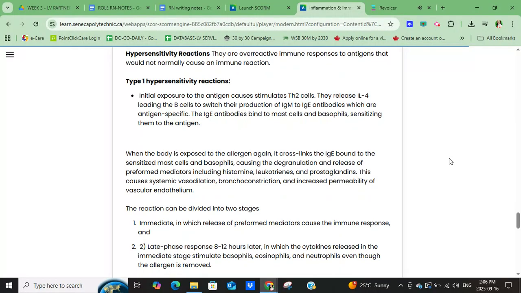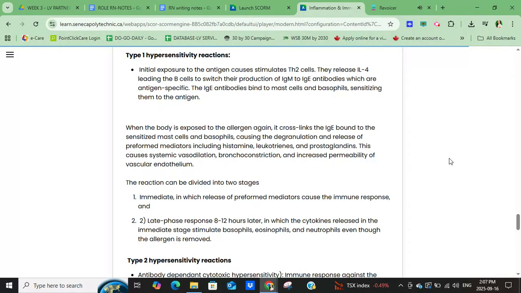Hypersensitivity reactions. They are overreactive immune responses to antigens that would not normally cause an immune reaction. Type 1 hypersensitivity reactions. Initial exposure to the antigen stimulates Th2 cells. They release IL-4, leading the B cells to switch their production of IgM to IgE antibodies, which are antigen-specific.